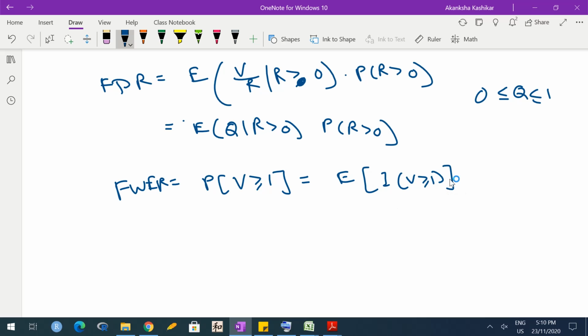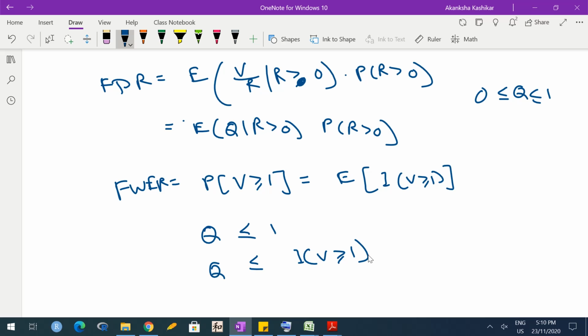Recall your result from probability theory. Expectation of indicator function is actually probability of the event of which it is an indicator. Or you can also think in terms of Bernoulli distribution. Okay. Now Q is always less than or equal to 1. Can I say that Q is always less than or equal to indicator of V greater than or equal to 1?